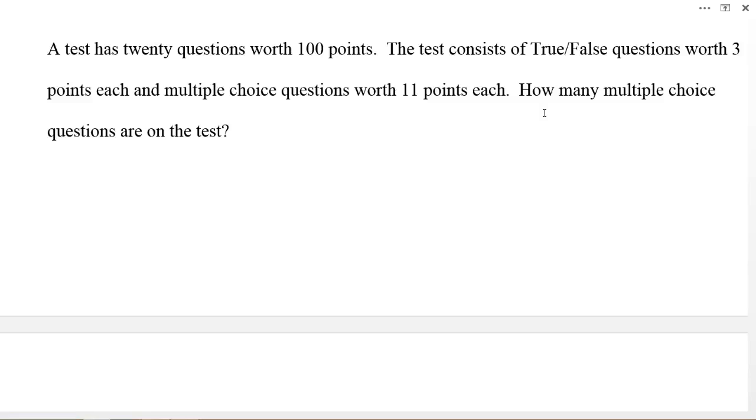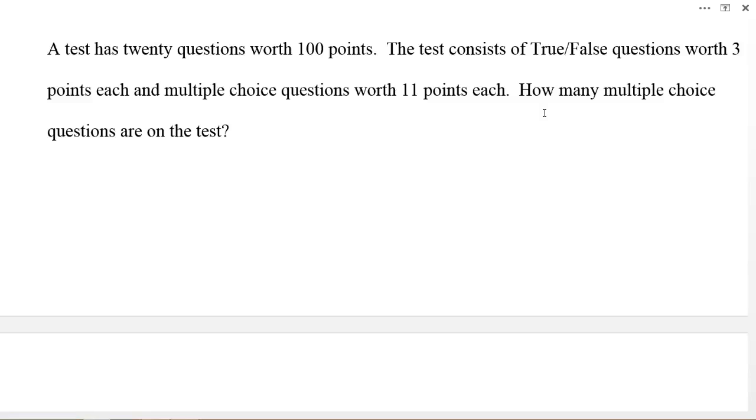So let's break down what each thing in this word problem is telling us. A test has 20 questions worth 100 points. And it says the test consists of true/false questions worth 3 points each, and multiple choice questions worth 11 points each.